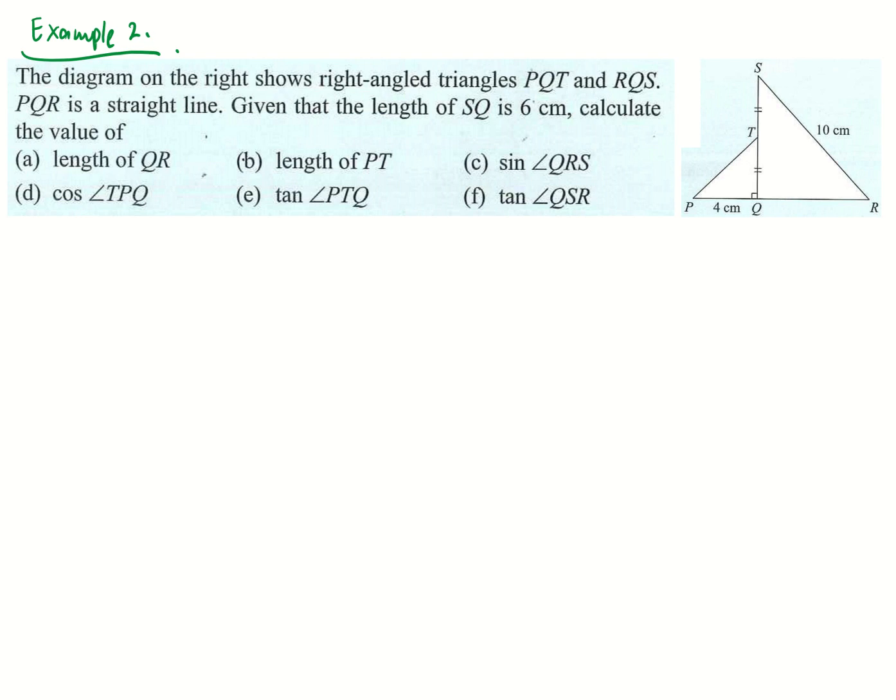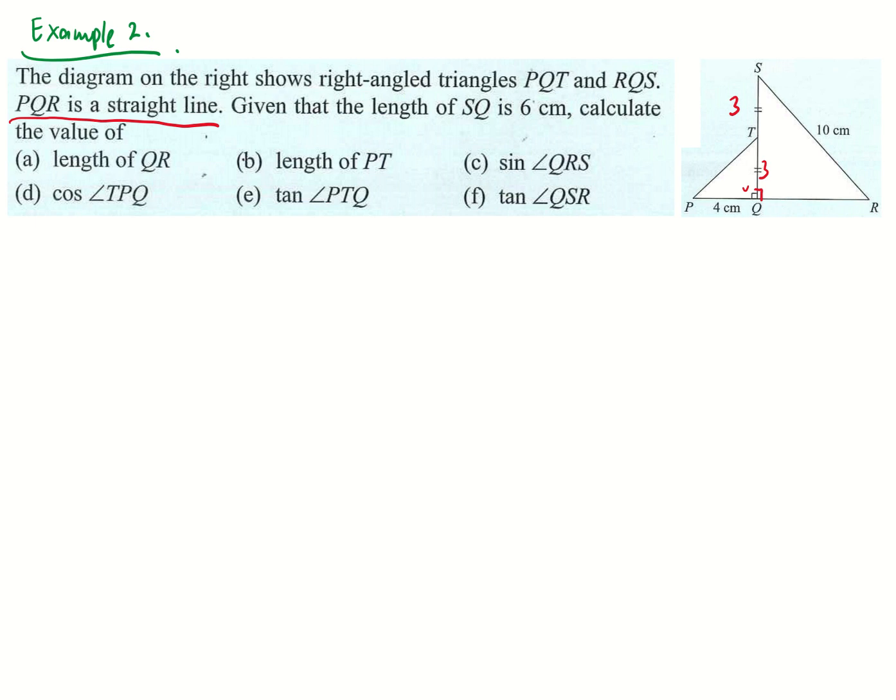Since SQ is 6 and QT and TS are equal, this is 3 cm and this is 3 cm. Calculate the length of QR. If this part is 90 degrees, this is also 90 degrees, because it says that PQR is a straight line, so the total angle is supposed to be 180.